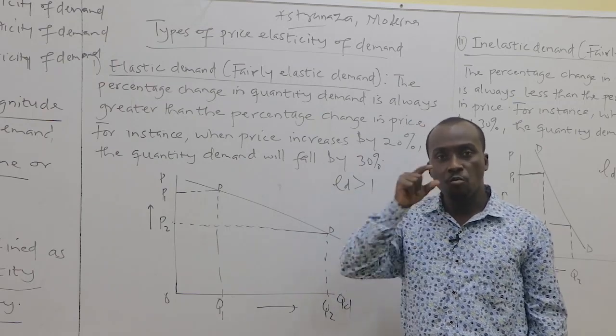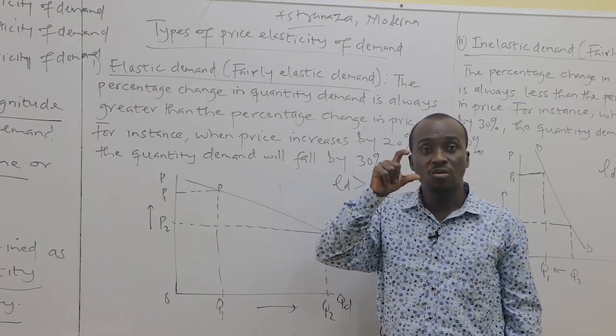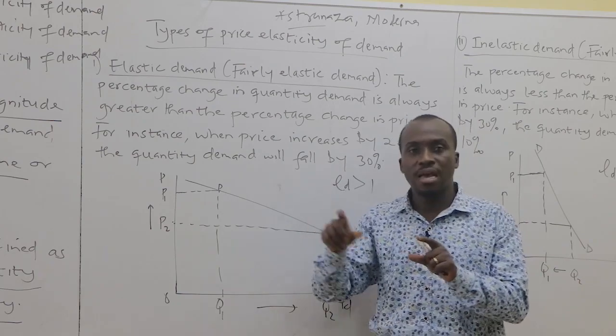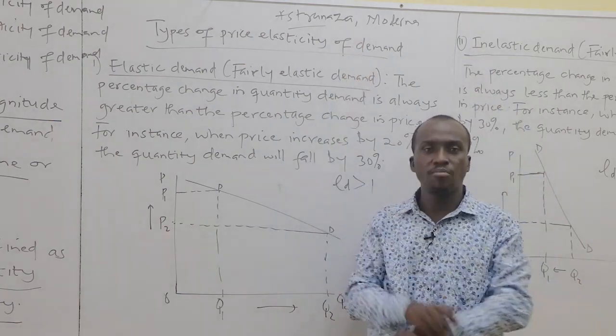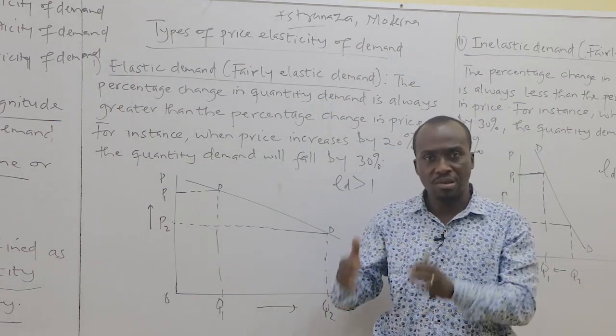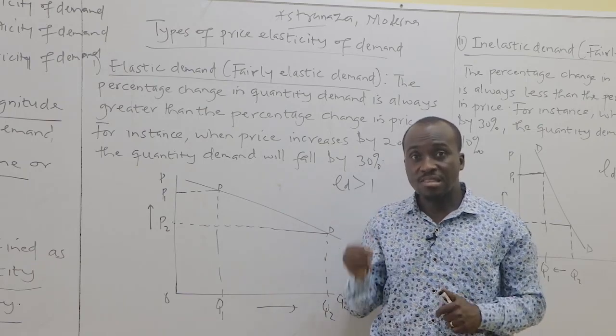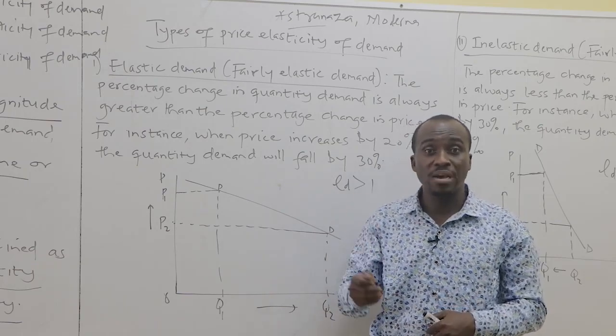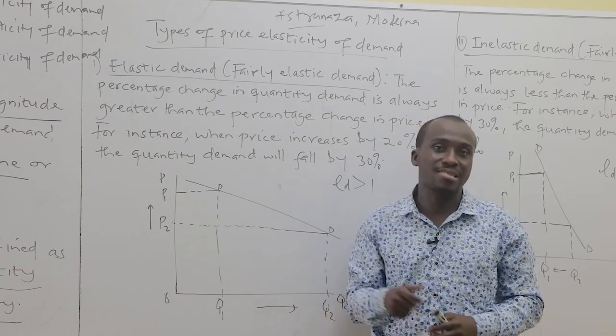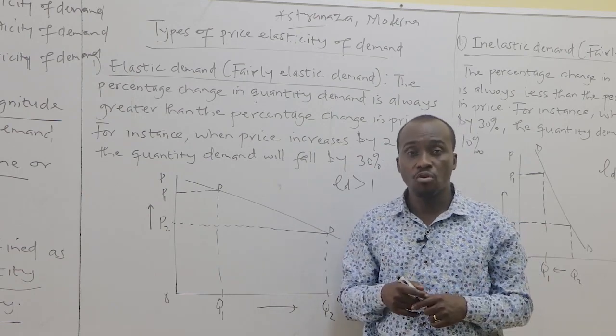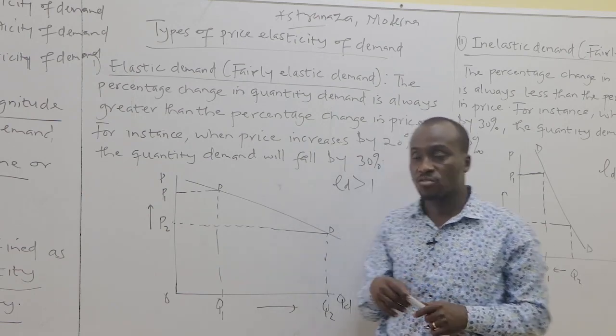They increased the price from 1 cedi to 1 cedi 20 pesewas, and a lot of people shifted. There was a large fall in the demand for Coke because the price of Pepsi was the same. That's one typical example you can relate to.